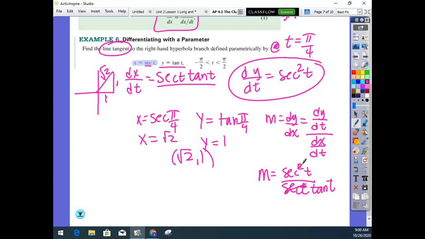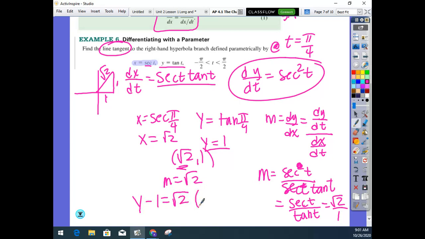So this secant cancels out one of these secants, so it ends up being secant t over tangent t. Well, we just found secant t right here. That's square root of 2. And we found tangent of pi over 4 here. So my slope is the square root of 2. So my equation: y minus 1 equals the slope times x minus the x coordinate.